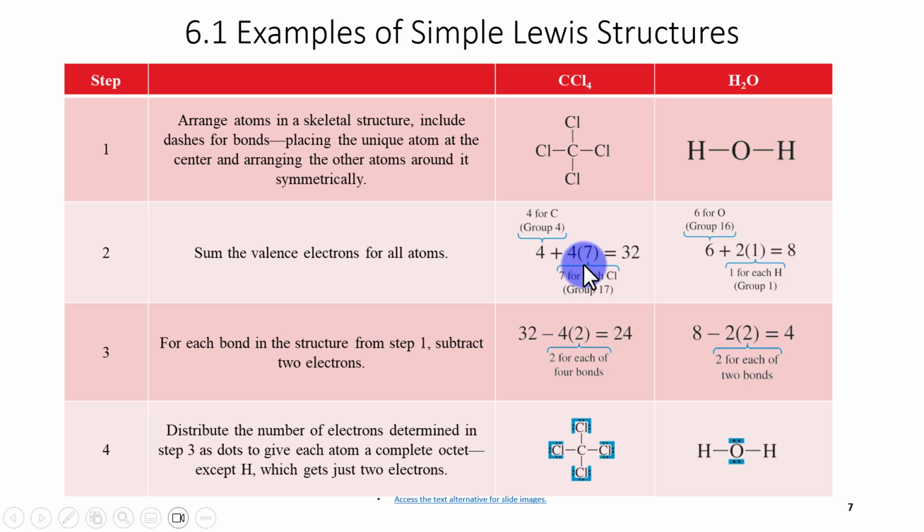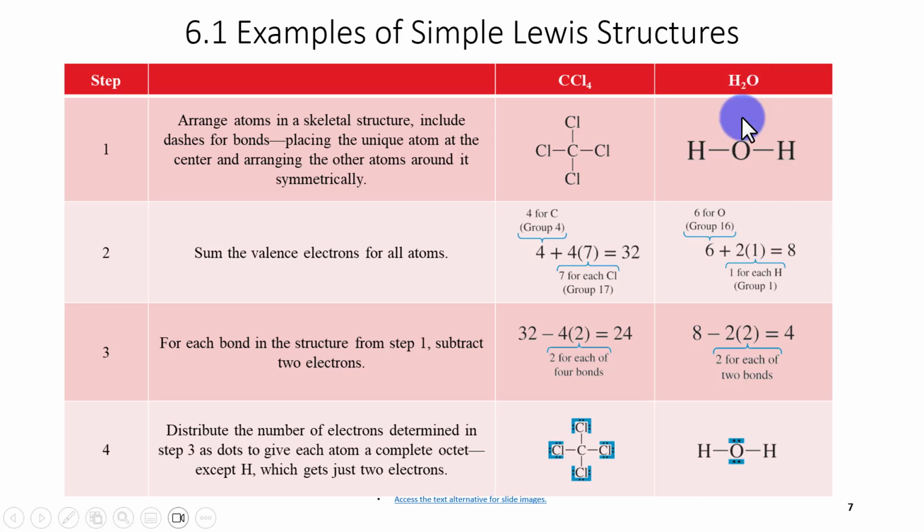So 4 times 7 gives me the total number of valence electrons contributed from the chlorines. That's 28 plus the 4 from the carbon, giving me 32 total valence electrons that I have to distribute around the CCl4 molecule.